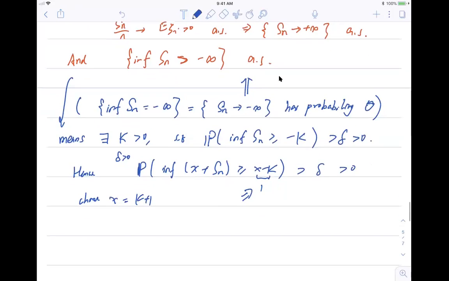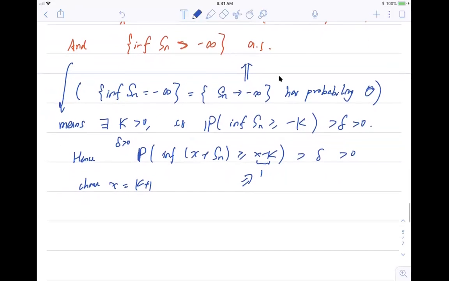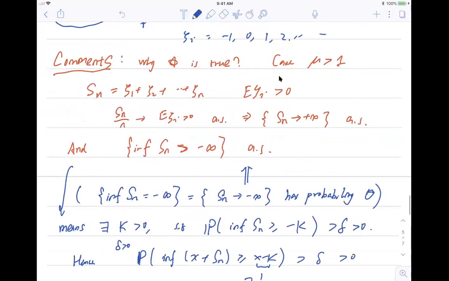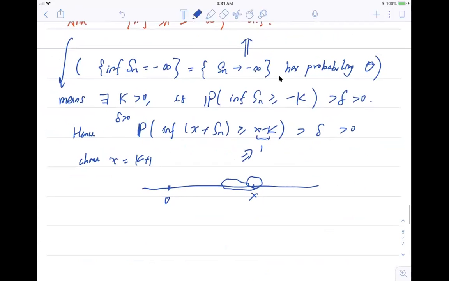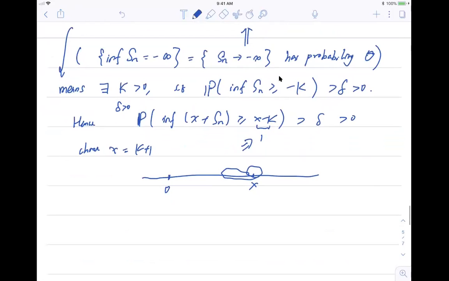What does this mean? If you're starting from x, there are some possibilities to never reach 0. That's what we did before.